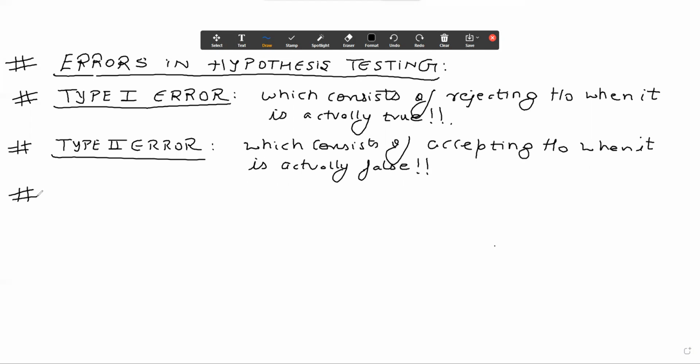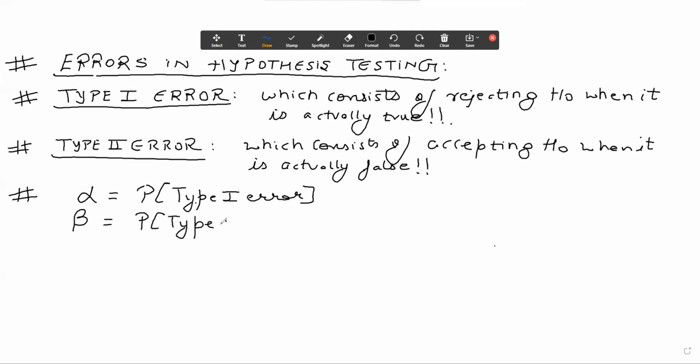Then in the previous lecture, I had also defined alpha, which is the probability of making a type 1 error, and beta, which is the probability of making a type 2 error.